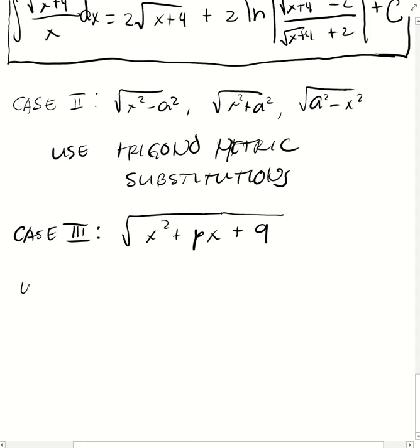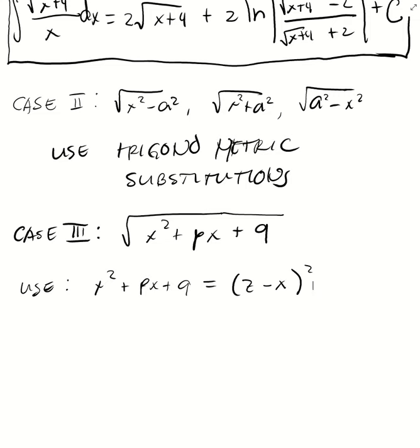Then the substitution that we will be using, and remember, this is not factorable, irreducible, so we use this substitution: x squared plus px plus q equal to z minus x, all squared. So this will be our substitution.